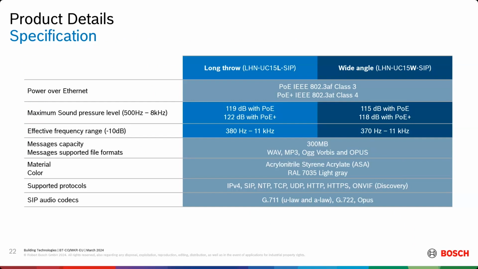Several protocols are supported like NTP, TCP, UDP, and so on. And the material is ASA. So ASA is as tough and dependable as the tried and trusted ABS, but ASA is much more UV stable than ABS, so it performs better outdoors.